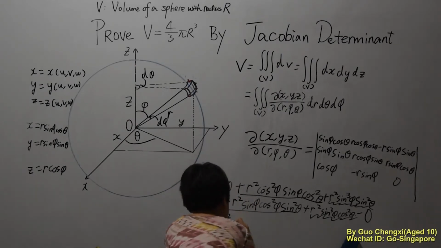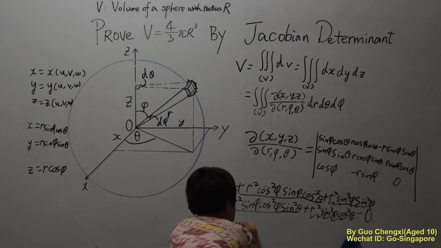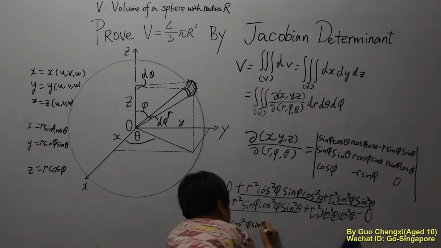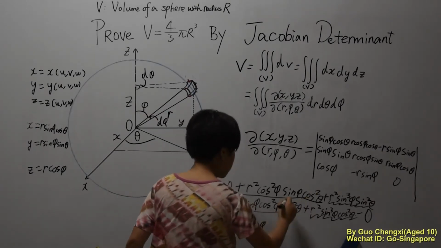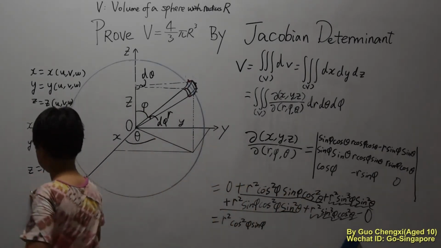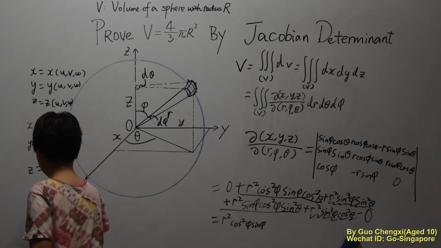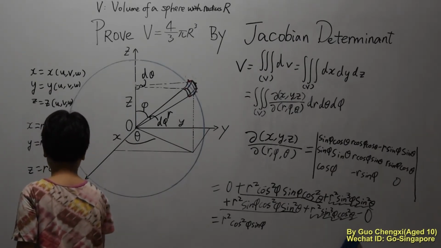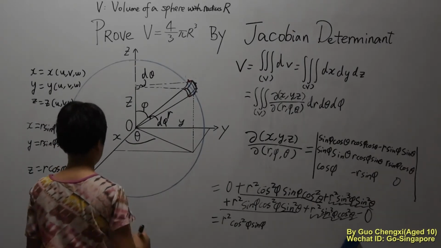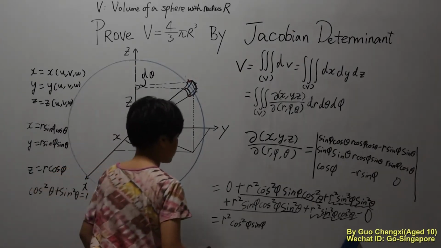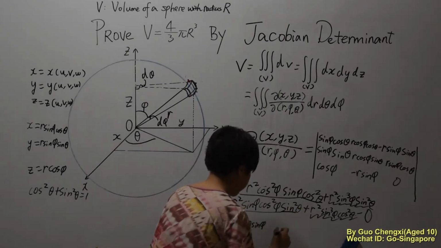So over here will become, wait, but if you still remember, this part becomes cosine square theta plus sine square theta equals to 1, right? So, for this part, it will be equals to 1.